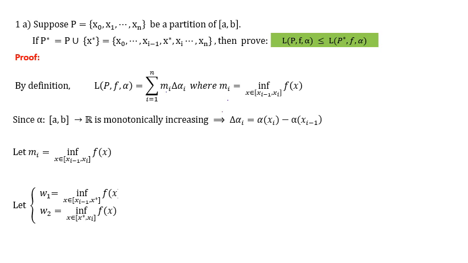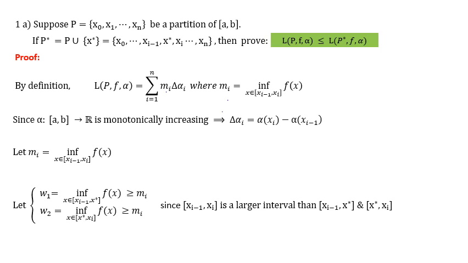Now we do know that both w sub 1 and w sub 2 will be greater than or equal to m sub i. Why? Because the interval for m sub i is a larger interval than each of the intervals for w sub 1 and w sub 2.